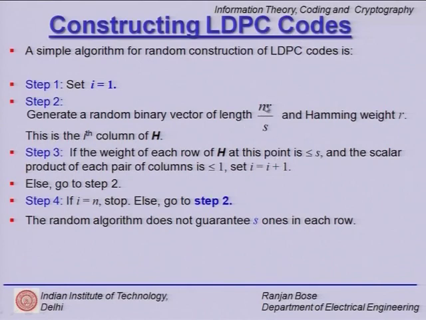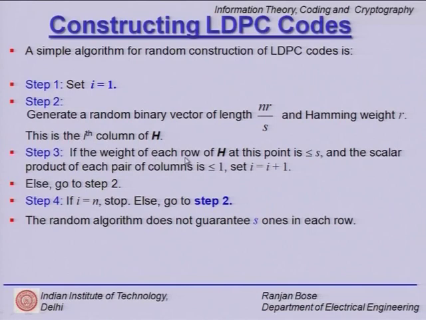These are the parameters: n is the block length, r is the number of ones in the columns, s is the number of ones in the rows. So, this is the ith column of H. I am constructing H, so I need to get n vectors in place, and I get the ith vector as follows in a random fashion.